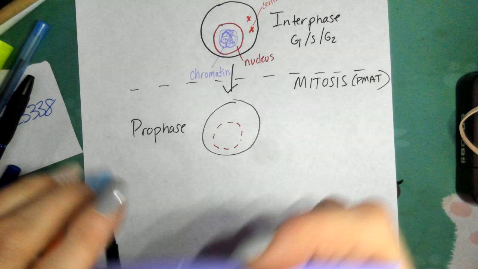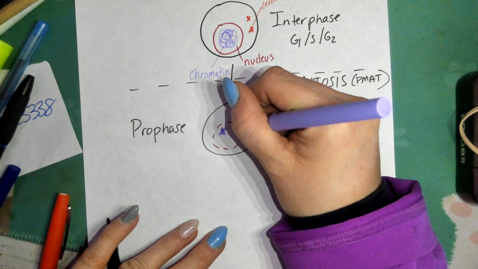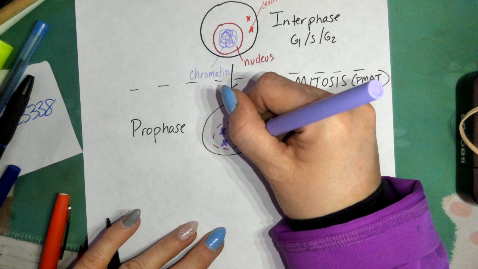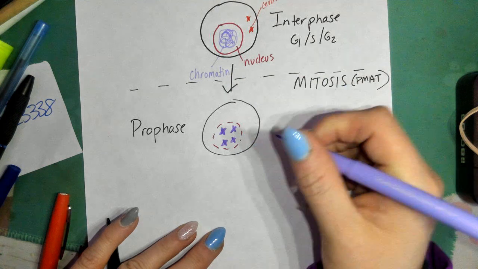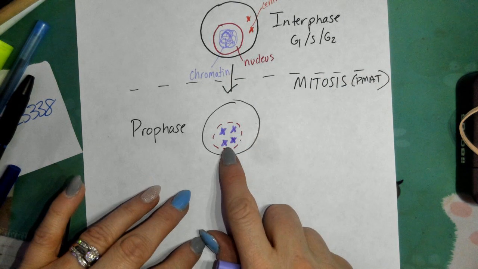I made the DNA purple, so I'm going to draw my chromosomes purple. They exist as this X shape because they're duplicated.